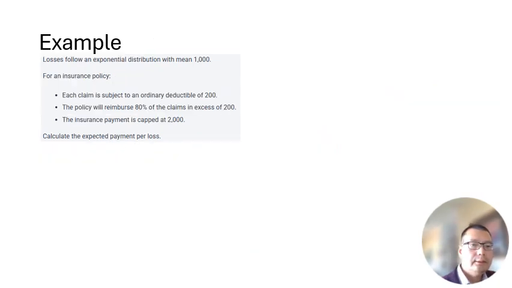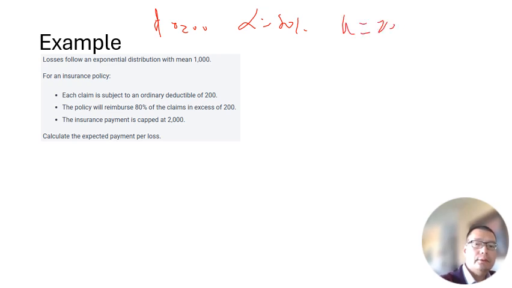Now let's look at this example. Loss follows an exponential distribution with a mean of 1000, for insurance policy claims subject to an ordinary deductible of 200. The policy will reimburse 80% of the claims in excess of 200. The insurance payment is capped at 2,000. So the deductible is 200, alpha is 80%, and the policy limit U is 2,000.